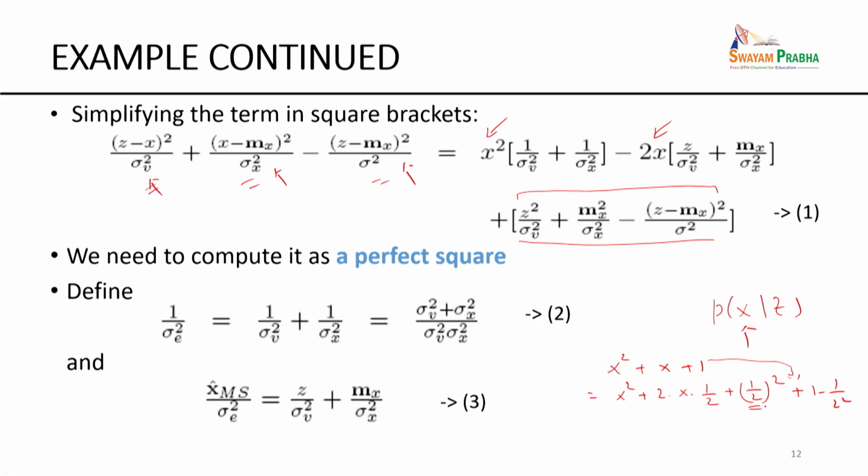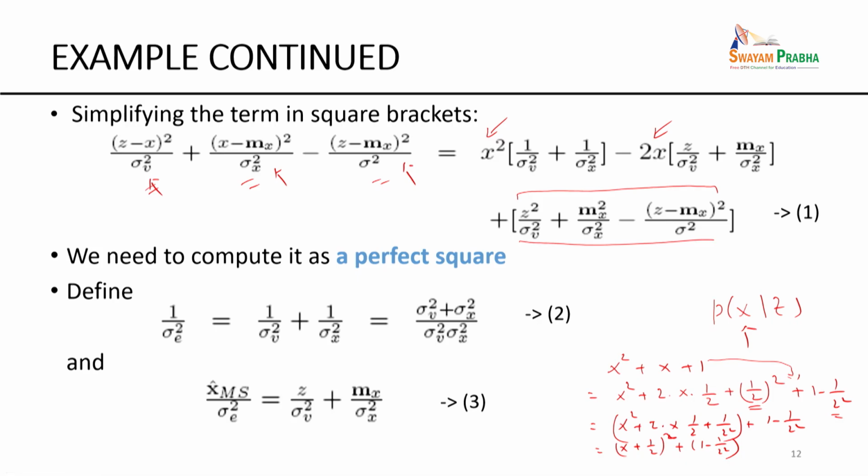I added 1/2 square, so I am subtracting that. X I am representing as 2 times x by 2. So this is equal to x squared plus 2 times x times 1/2 plus 1 over 2 square, plus 1 minus 1 by 2 square. This can be written as x plus 1/2 whole square plus 1 minus 1 by 2 square. So this is called the method of perfecting the square.